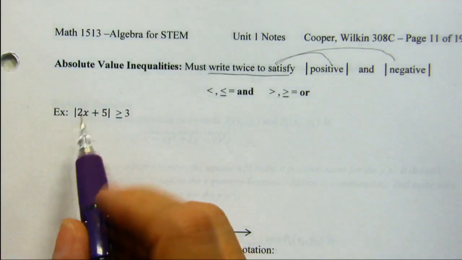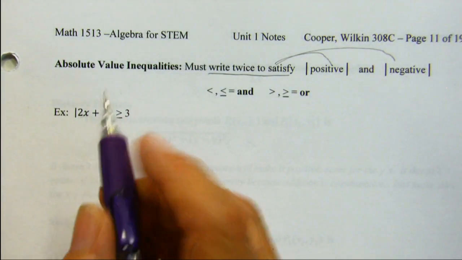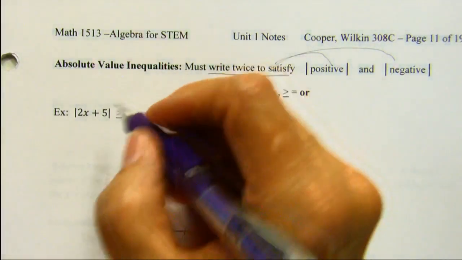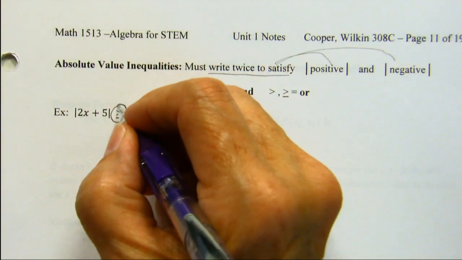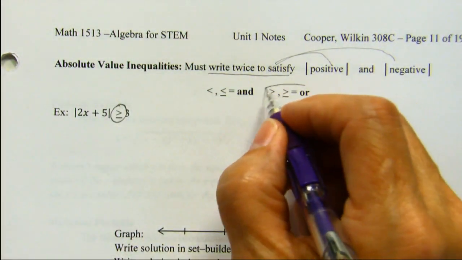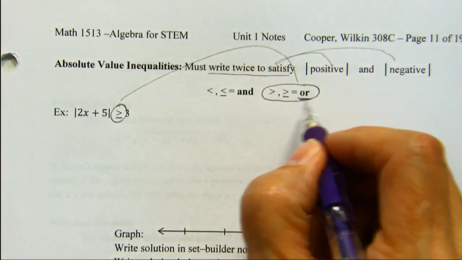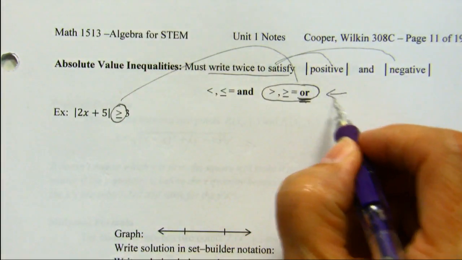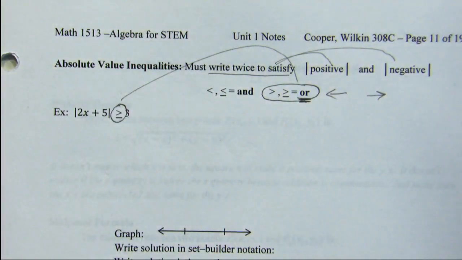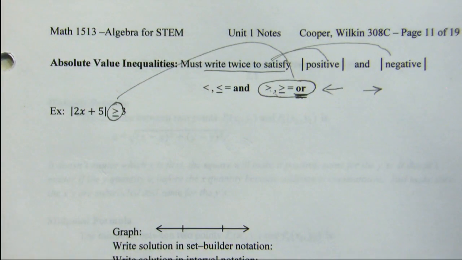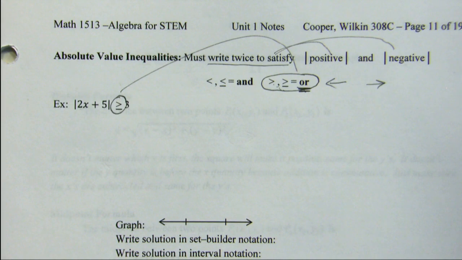So my first example is absolute value. Notice I have greater than or equal to 3. Looking at your original inequality, if it's greater than or greater than equal, it is an OR problem. So your graph should probably go 2 separate directions. You'll need that information when you take your test, so make sure you know where to find that information quickly.